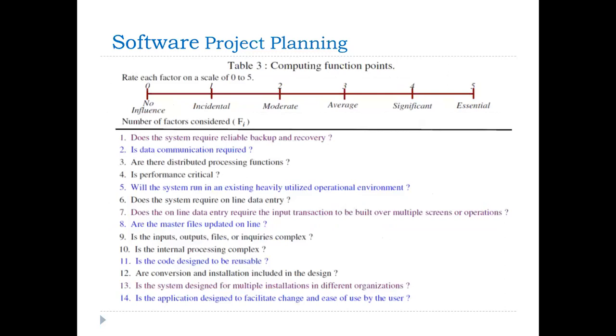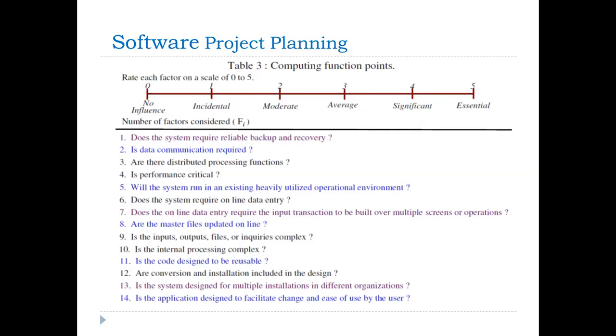Here they are describing a table of 14 factors. Does the system require reliable backup and recovery? Is data communication required or not? Are there distributed processing functions? Is performance critical? Will the system run in an existing environment? These are the 14 factors used to calculate the complexity adjustment factor. On the scale, they describe no influence, incidental, moderate, average, significant, as well as essential.